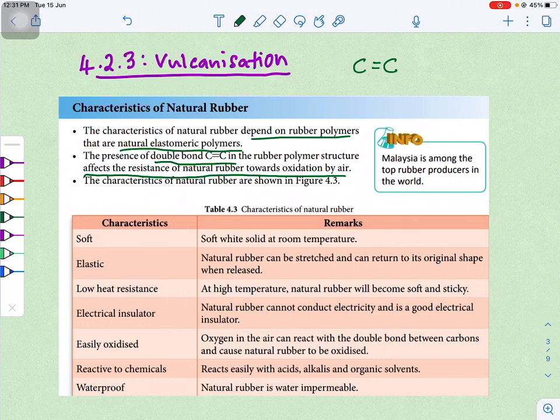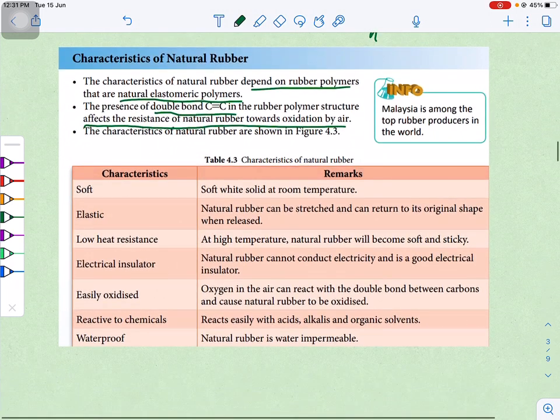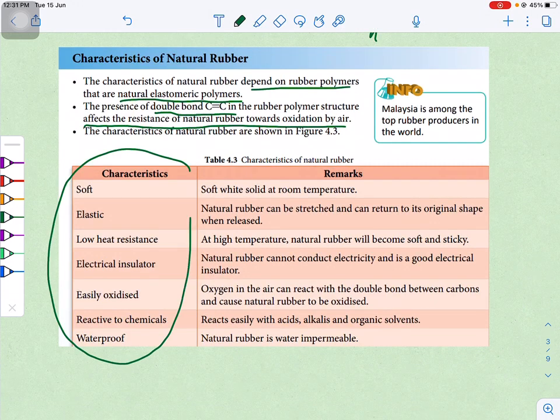That's why in rubber estate, if you go to the rubber estate, you're going to smell bau yang agak busuk because the rubber molecules is oxidized by the air. Part mana yang lemah tu, so dia akan berlaku at this area, the carbon-carbon double bond.